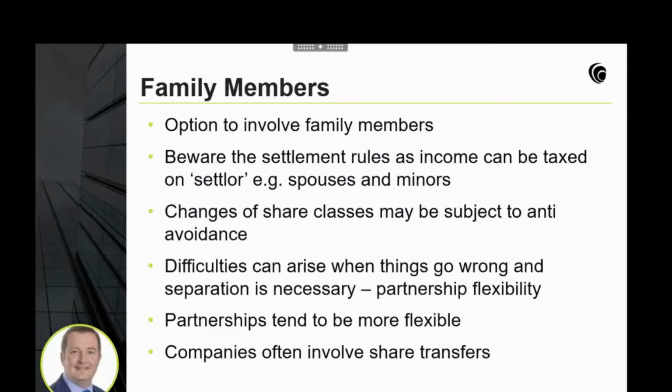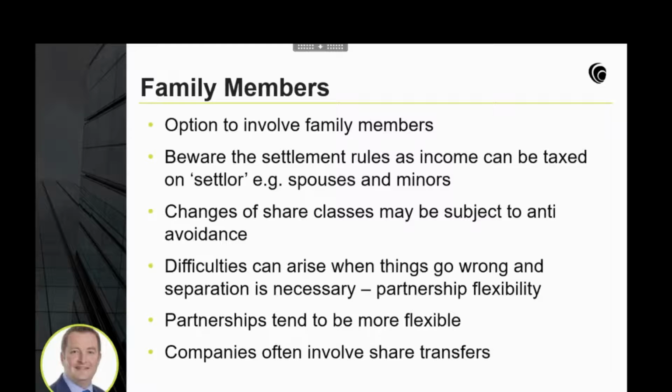Now, this can work if it's done properly, but only to a certain extent. So again, it highlights the importance of taking advice in this area. Firstly, though, it does not work where there are minor children. So income that you try and allocate to your own minor children by perhaps giving them a shareholding and paying a dividend will always remain taxable on the parents.